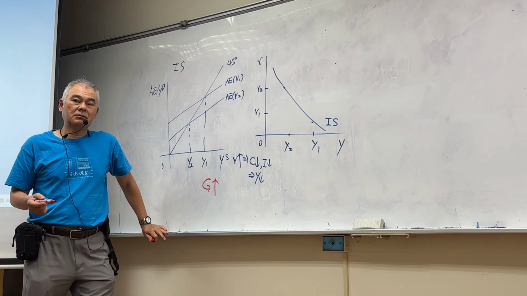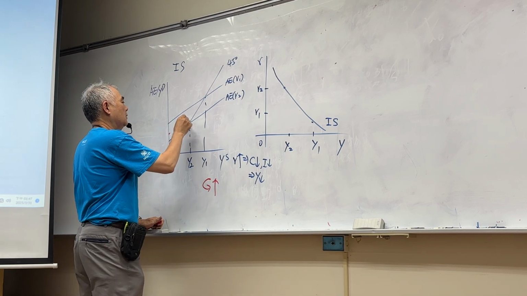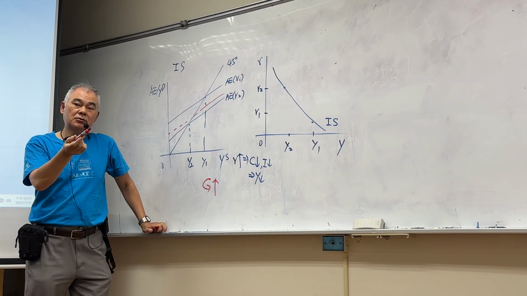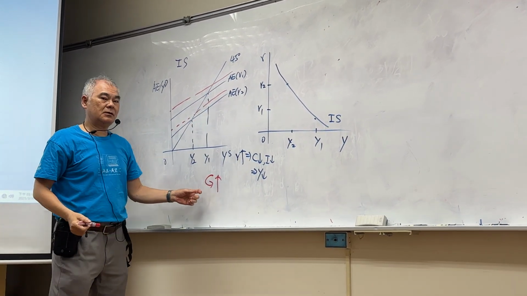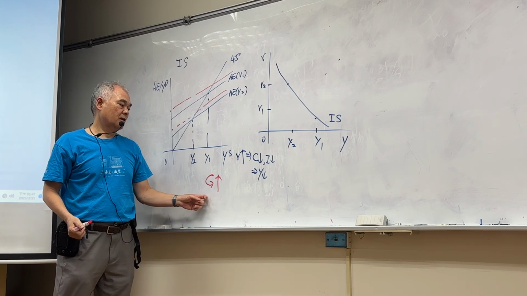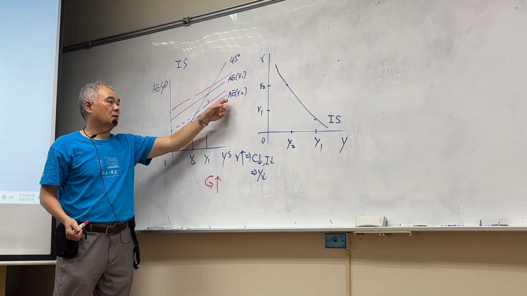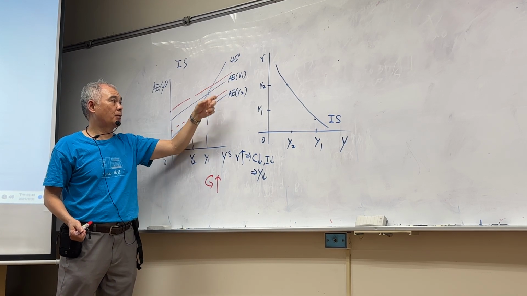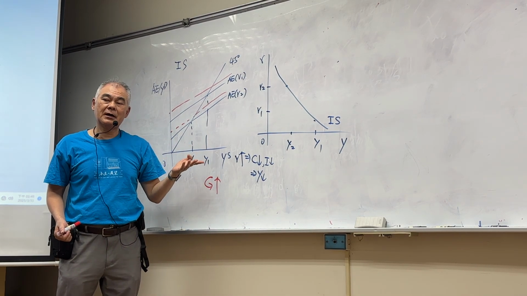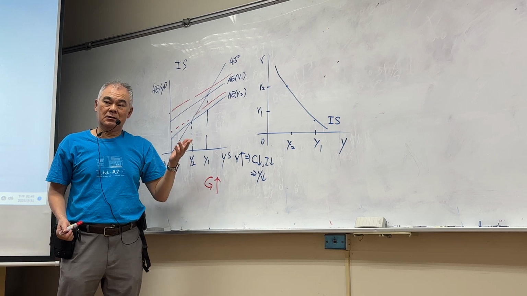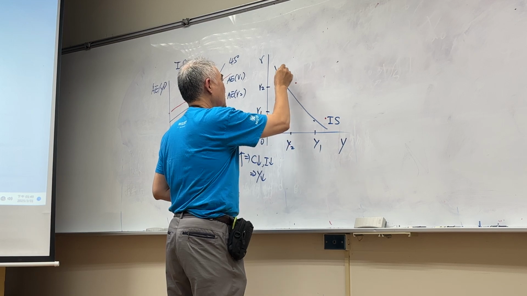As you know, if government expenditure goes up, aggregate expenditure goes up, and the same thing here. So this is also an exogenous variable. If government expenditure goes up, you expect the output to go up, for both cases. So at every given interest rate, the income goes up.